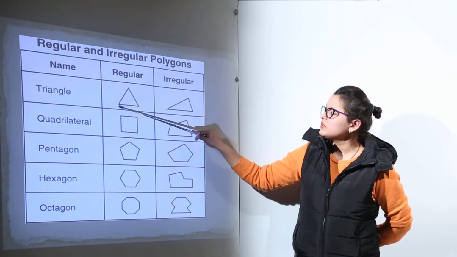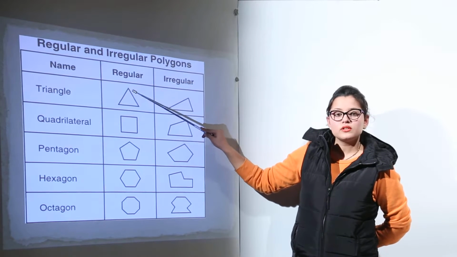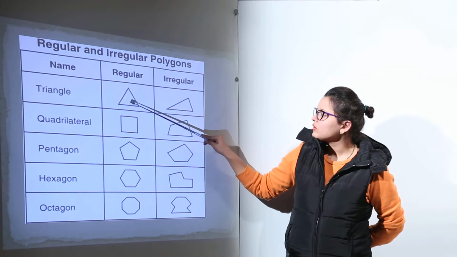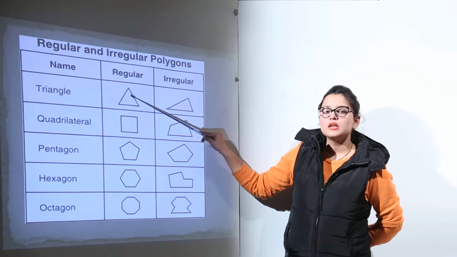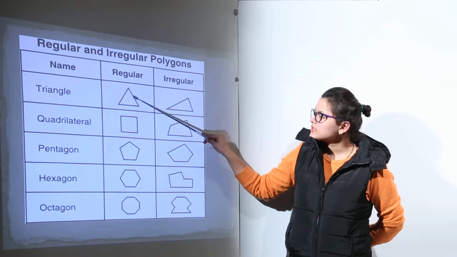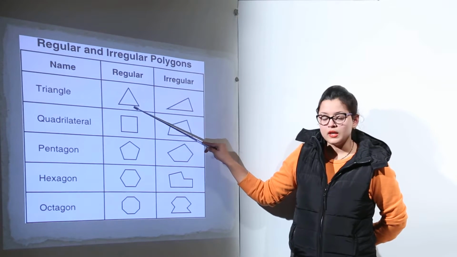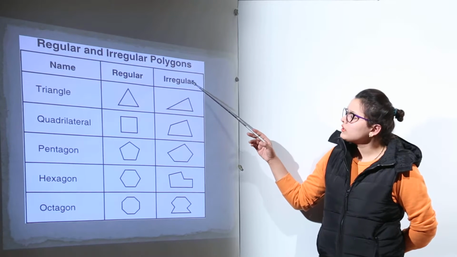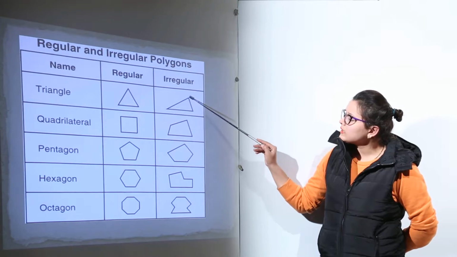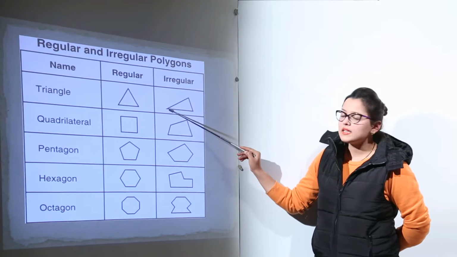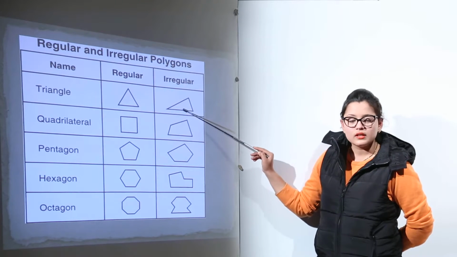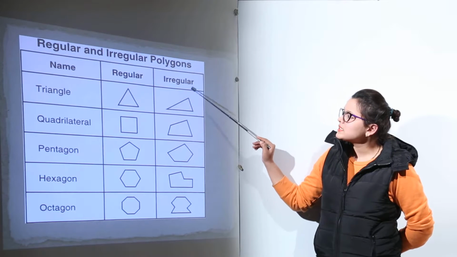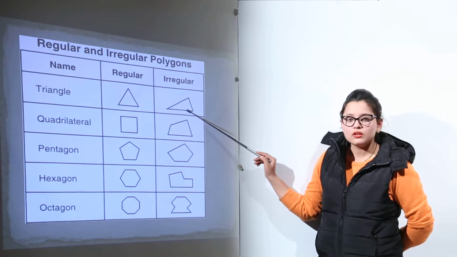You can see directly in the figure that all the three sides of this triangle are equal, and all the three angles will also be equal. So, this is the regular triangle. Whereas, in the irregular triangle you can see that the sides are not equal. Definitely their angles will also be different, right? So, we can say this is an example of an irregular triangle.